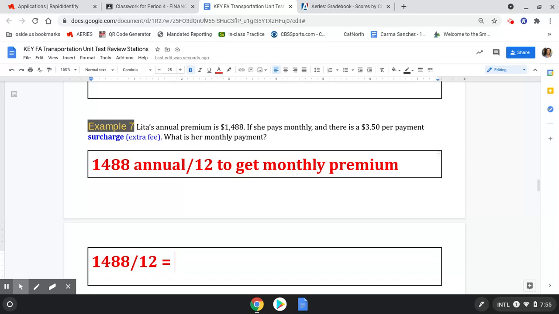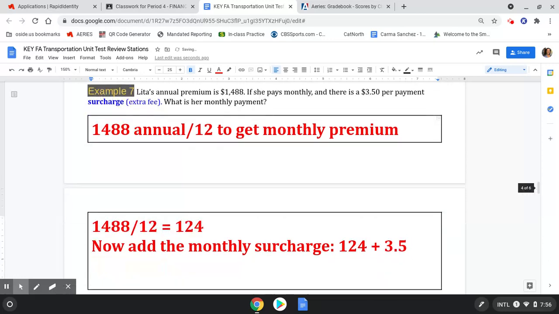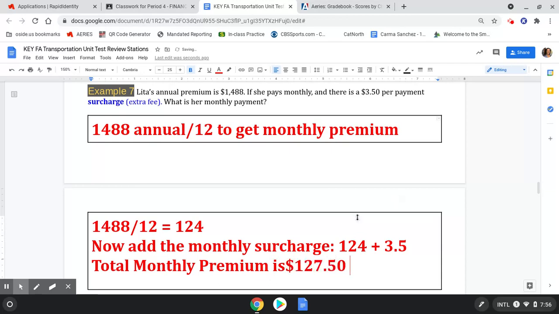And I get 124. But remember, we need to now add the surcharge. So 124 plus 350 a month, total monthly premium $127.50. How'd you do?